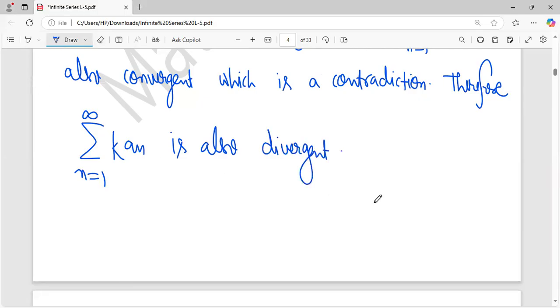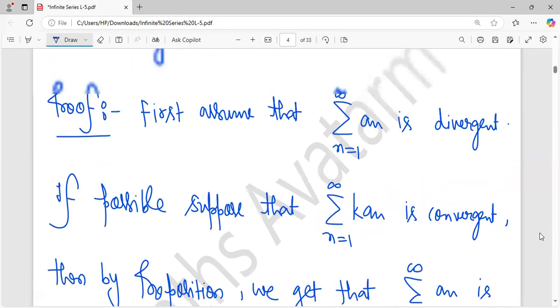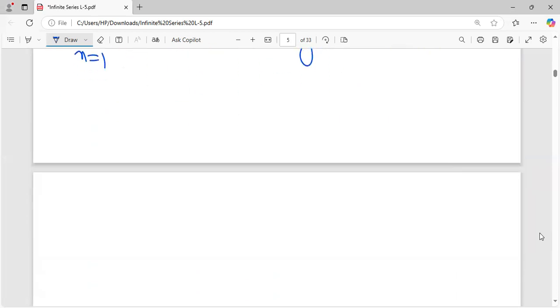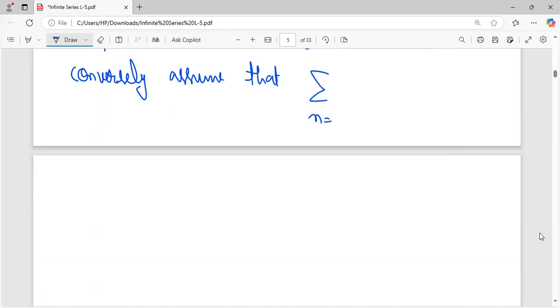Now, conversely, assume that this series k times a n is divergent.